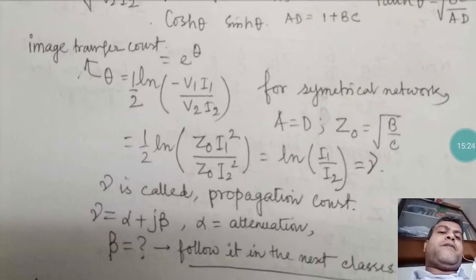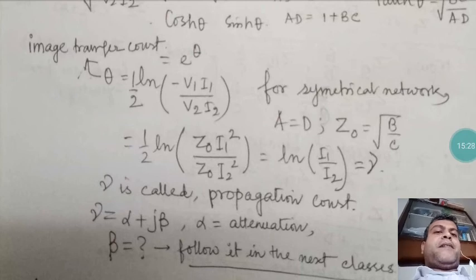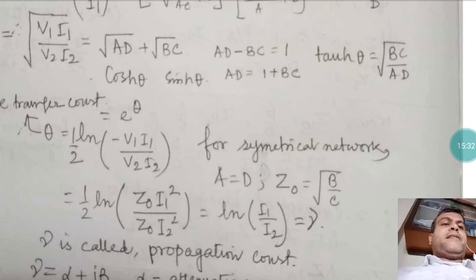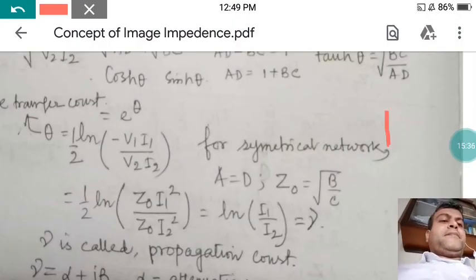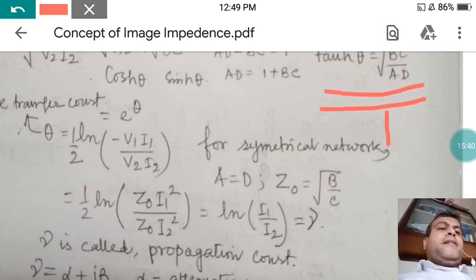Here, for the expression of theta, you can see that theta can also be expressed in terms of tanh, because cosh and sinh are given. So you can easily write the value of tanh theta. What I want to say here is that tanh theta equals root over BC by AD.